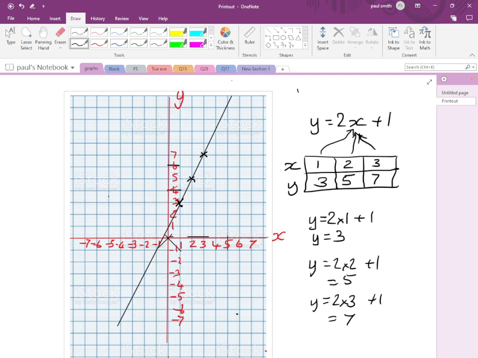Now, in the question, there is normally a caveat that says, draw the equation of this line with x values between -3 and 3.